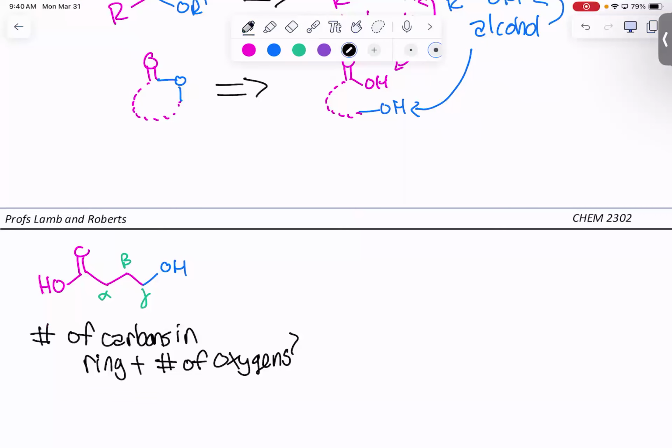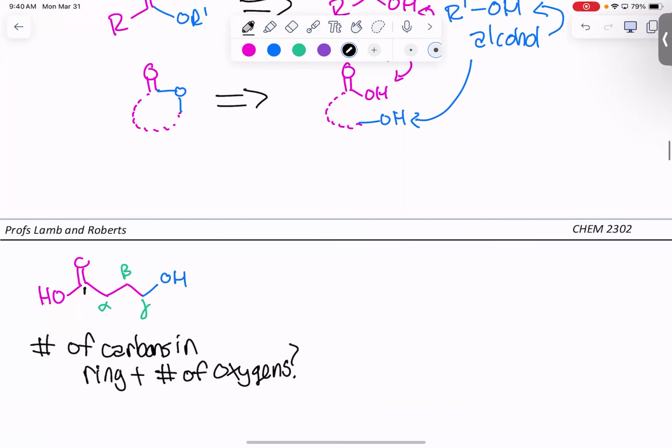Let's see what that number is. All right, so the number of carbons in our ring is going to be carbon 1, our carbonyl carbon, when we take a look at this up here. Then we're going to have 2, 3, 4 carbons in our ring. And we're going to need to count this alcohol, all right? Recall that we lose this OH of our carboxylic acid, so we're not counting that as part of our ring. And so we have this alcohol as part of our ring.